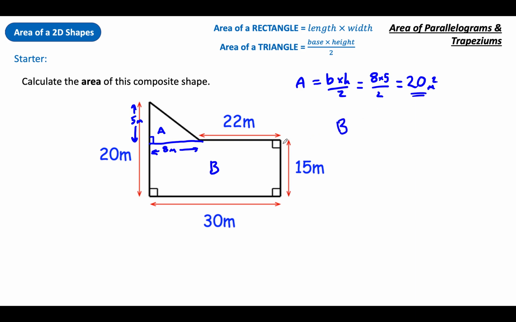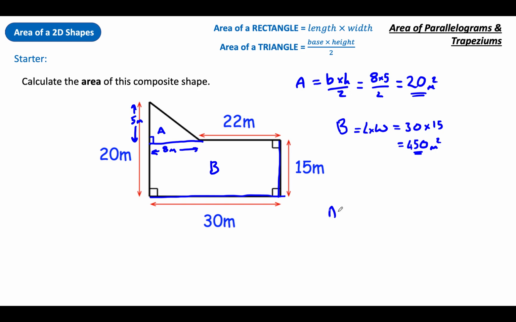B is a rectangle, so we've got the height of the rectangle, we've got the length, or length and width. We need that kind of L shape that completely covers all the full height and the full width of my rectangle. And we do length times width, or whatever you want to call them. 30 times 15 is, or 3 15s are 45, but it was really 30 times 15, so it's 450 meters squared.